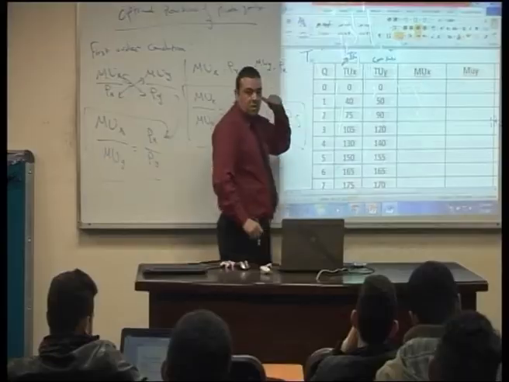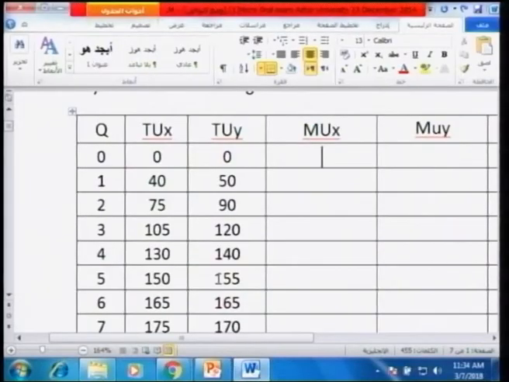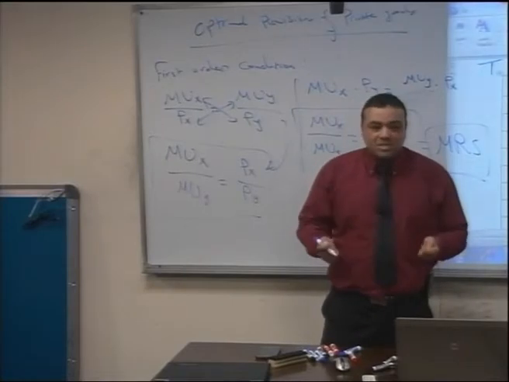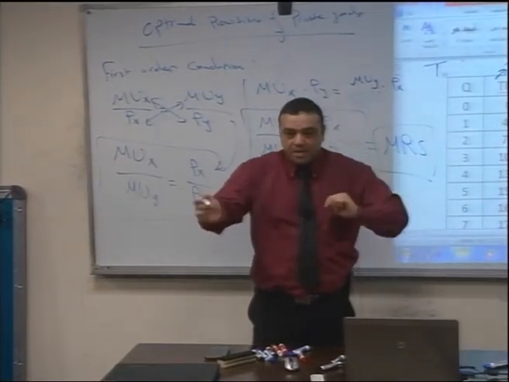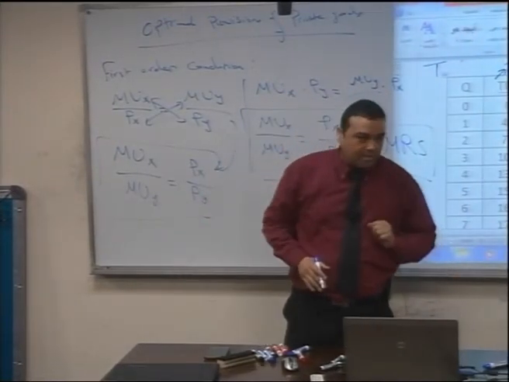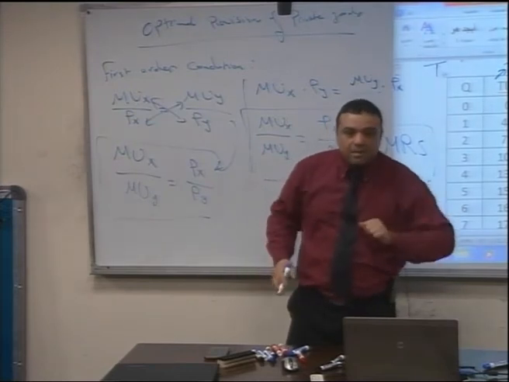This is the first order condition. We have the second order condition, which is spending all of his income, or allocating all of his income, to buy two goods, X and Y, ice cream and cookies.